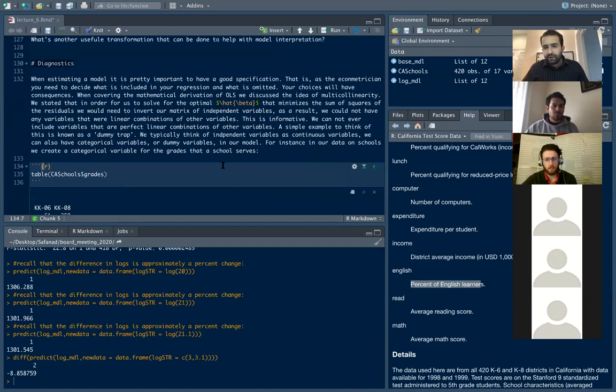When we were deriving OLS, we actually made some assumptions about what can go into our model and what can't. Specifically, we made one strong assumption when we were solving our optimal solution for beta hat. We said we cannot have perfect multicollinearity among any of our explanatory variables. What does that mean?